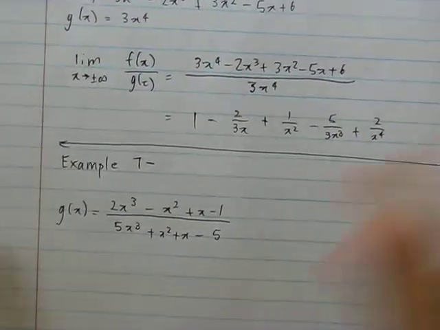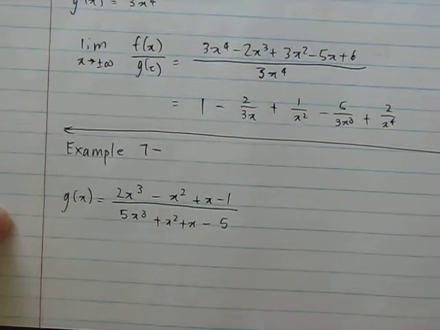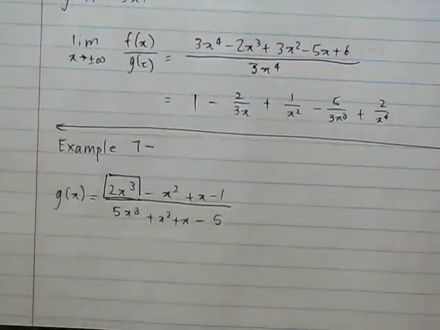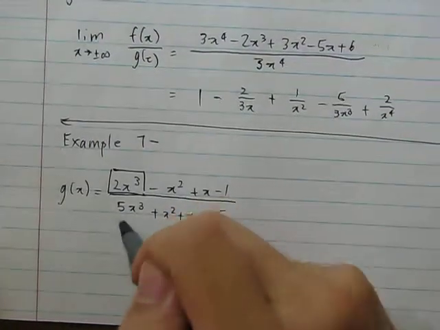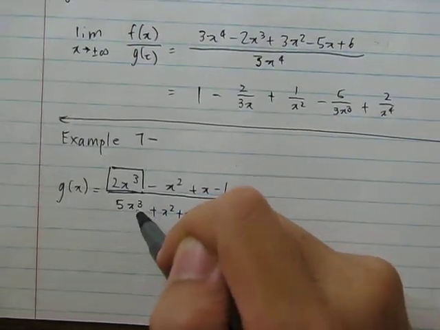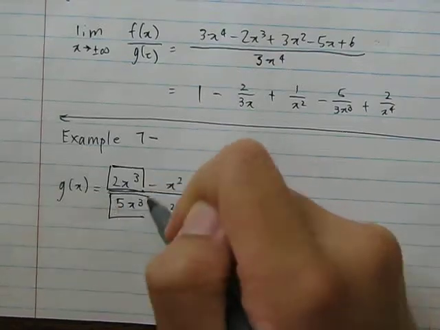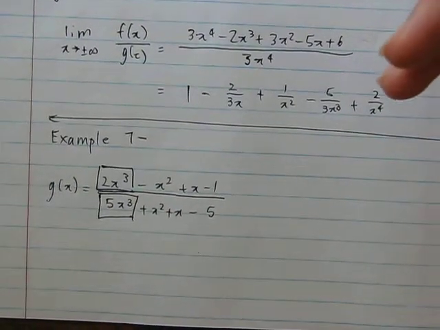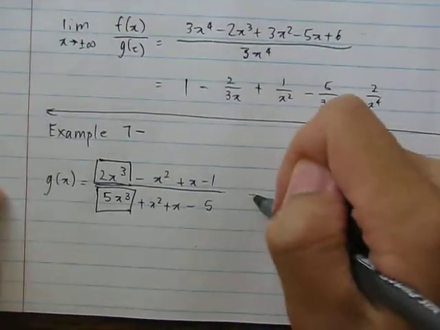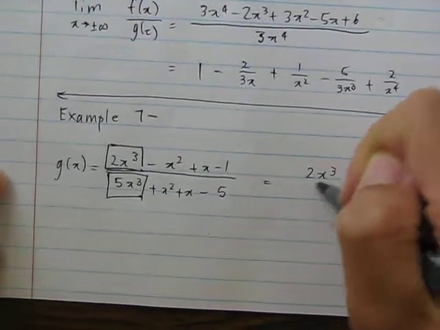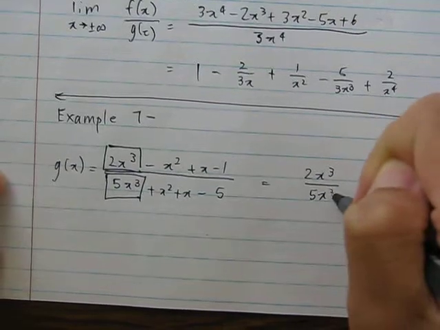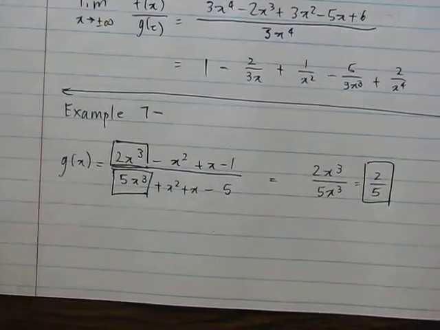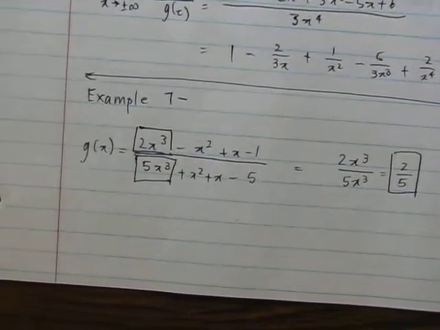Right, so your 2x to the third is the end behavior model for the numerator of g, because it is the highest degree polynomial. And then your 5x cubed is the one for the denominator, since it is also the highest degree polynomial. And you simply divide these two, and you get 2 over 5. So this is how your function will behave as your x gets really, really huge.